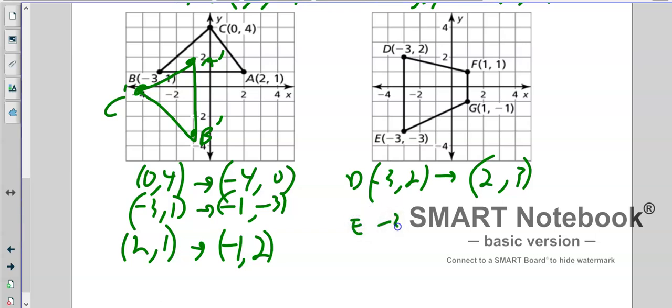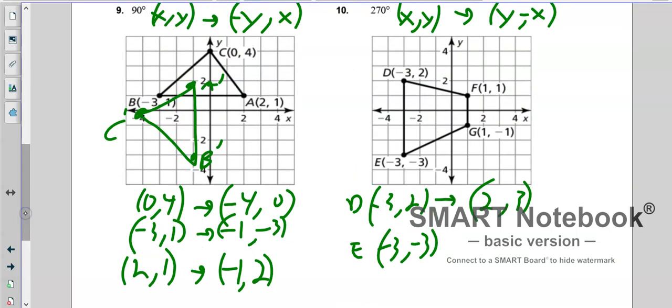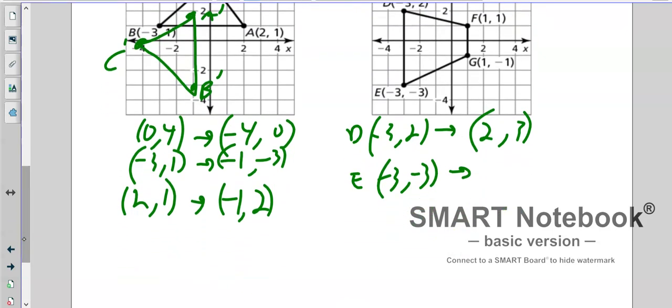E is negative 3, negative 3. This darn watermark. That's going to become negative 3, positive 3. So this one here moved to the front. This one moved to the back and became opposite, which became positive. Okay?